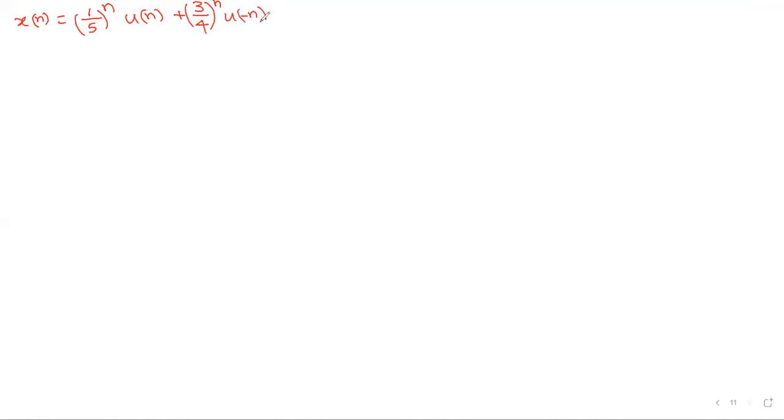Whenever you see this minus value, better you go for time reversal property, then it is easy, right? So a power n u of n, what is the z transform? z by z minus a. What is the ROC? Mod z is greater than a.